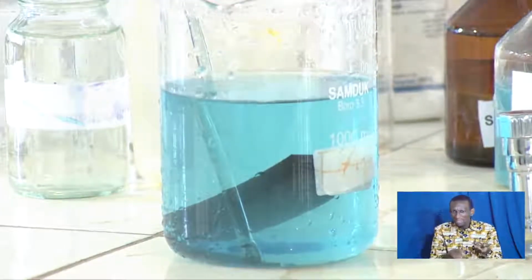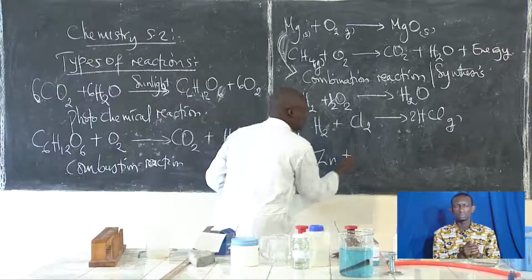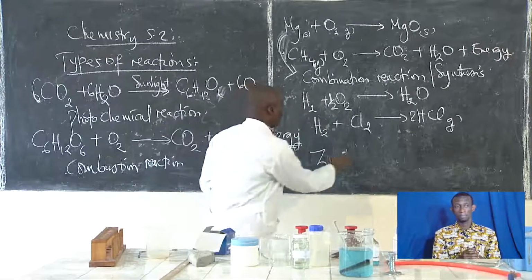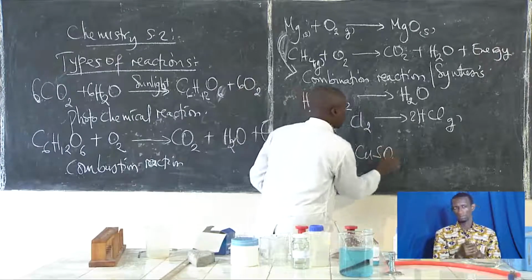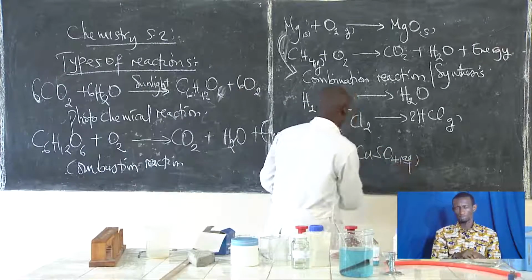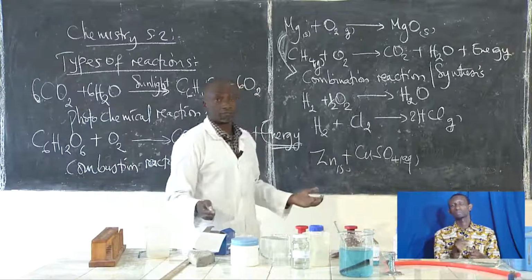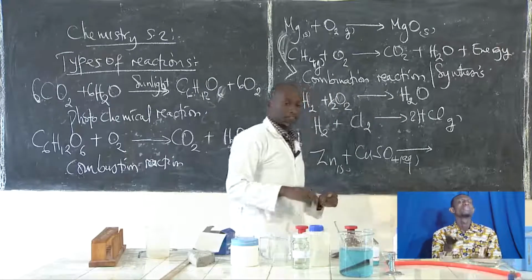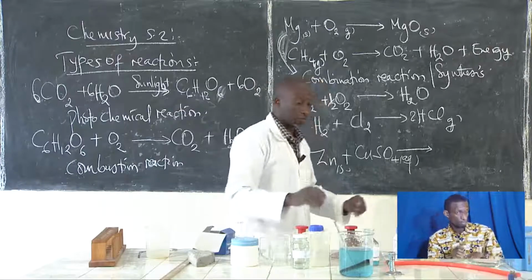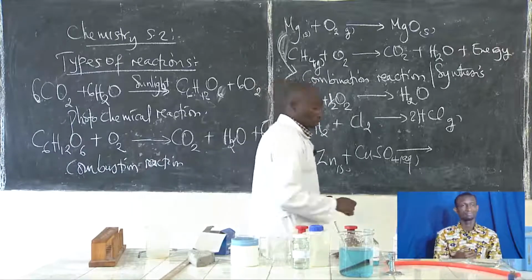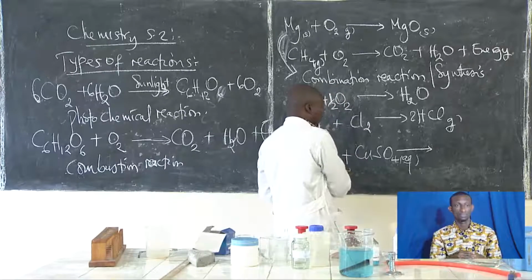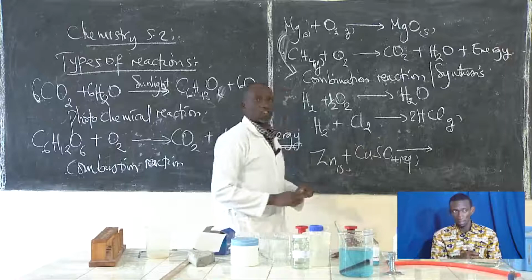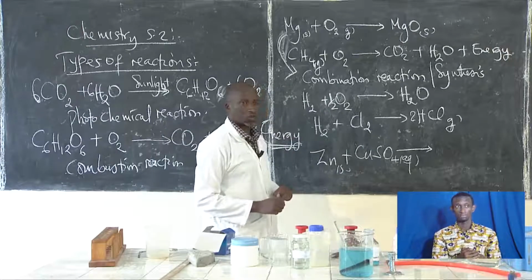So we have zinc combining with copper sulfate, which is a solution. This was the metal. Now what is happening here is that after some time, the zinc metal displaces this copper from its solution.